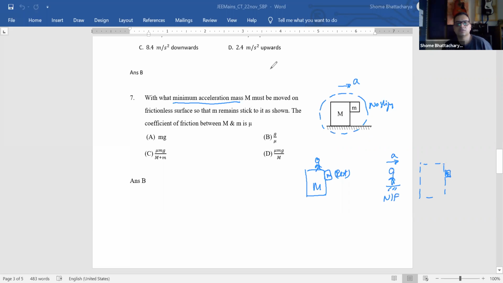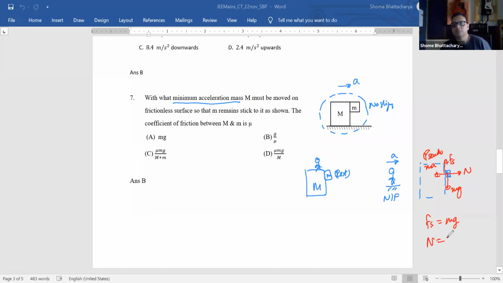So what are the forces which are acting in this frame? There is pseudo force that creates normal reaction. Mg is trying to make it slip, but static friction is preventing it from slipping. So static friction has to balance the weight.